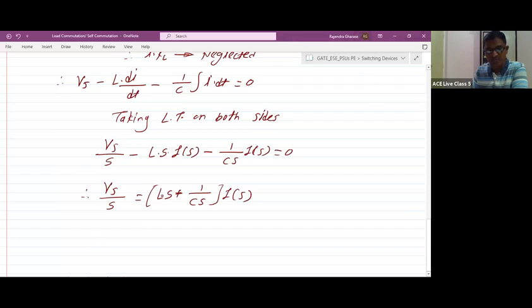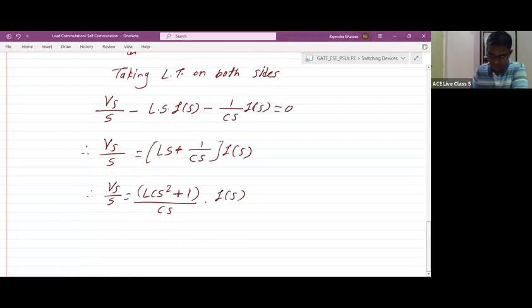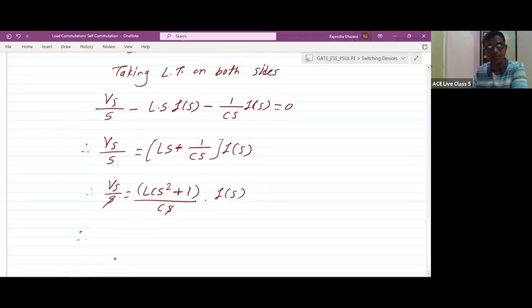Can we take the cross multiplication? Yes, so VS by S is equal to LCS square plus 1 upon CS into I of S.